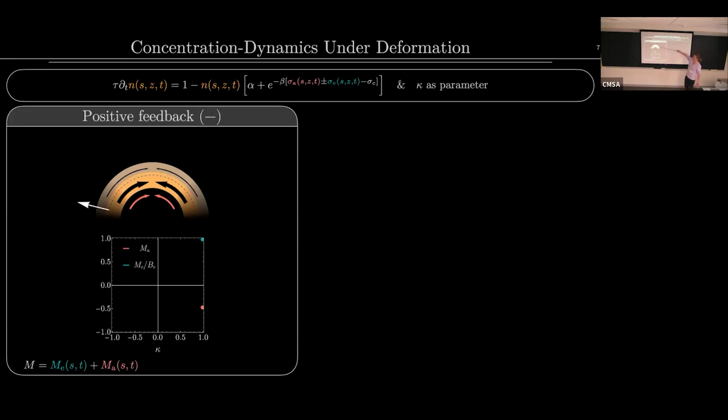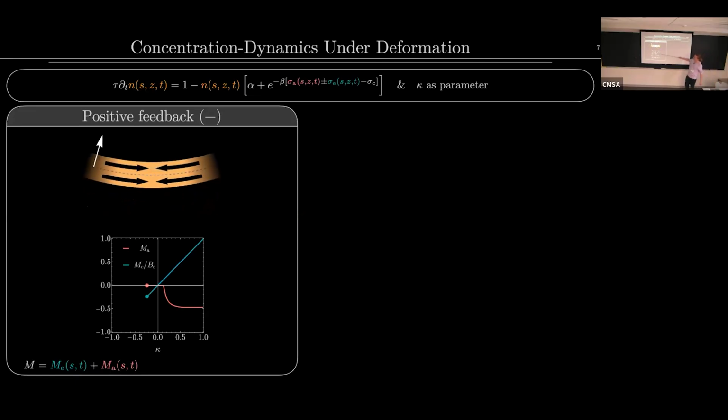Initially, we just randomly choose this concentration. So there are some contractile forces bending you downwards. And then as you deform this ring by hand, you record what happens to the active moment and the elastic moment over time.